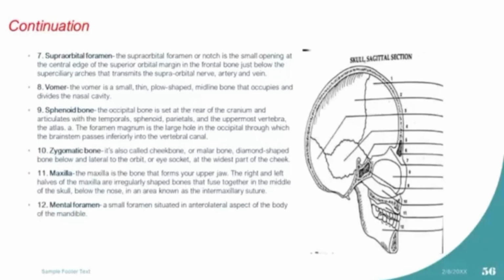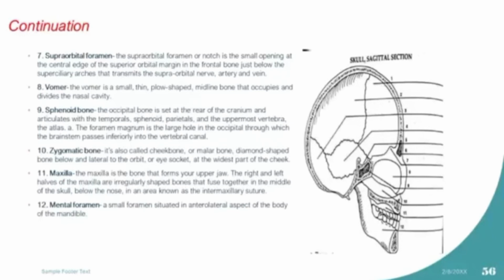It is also called the cheekbone or malar bone, a diamond-shaped bone below and lateral to the orbit or eye socket at the widest part of the cheek. 11. Maxilla. The maxilla forms your upper jaw.